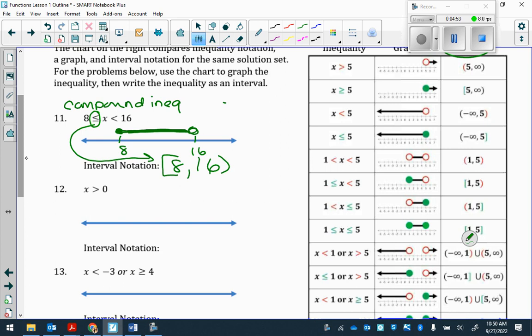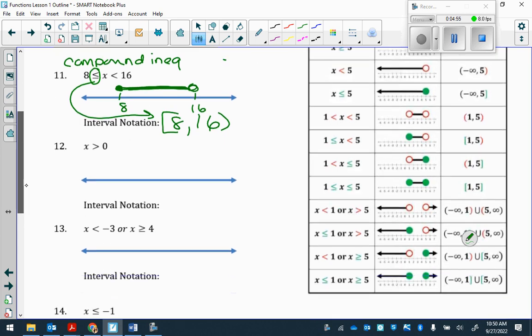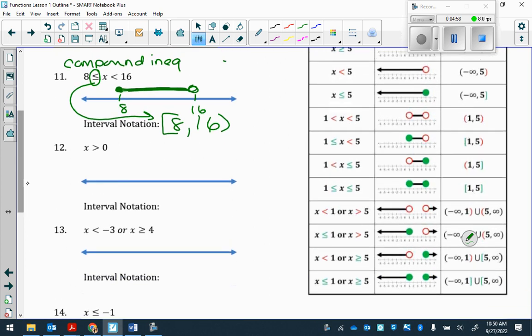When we are using infinity, which you're going to see in the next one, number 12, infinity always has parentheses. So we have x is greater than 0. So if this is 0, since it's greater than, am I going to have a closed or open circle? Open. So that's another thing. If it's not equal to, you will have an open circle. Now, where x is greater than 0, is that arrow going to be pointing to the left or to the right?